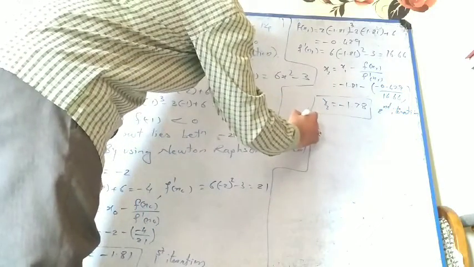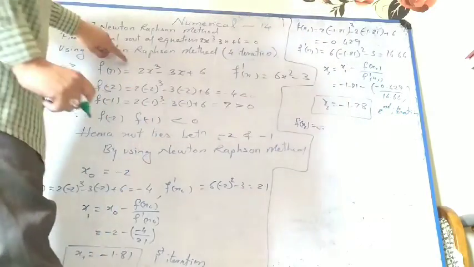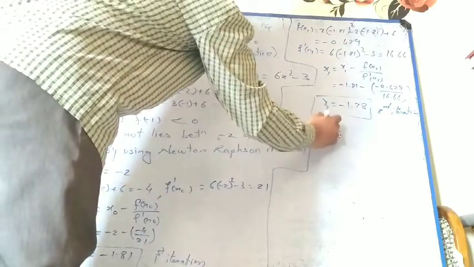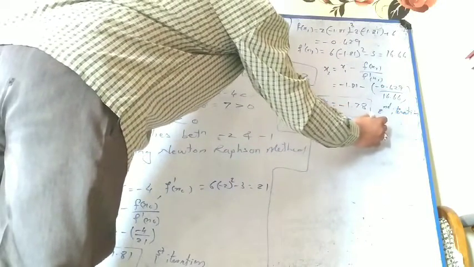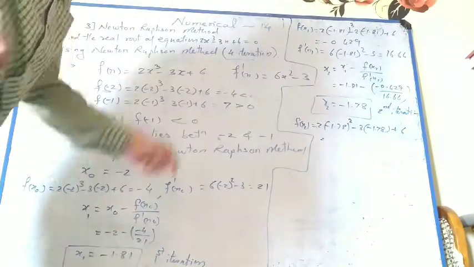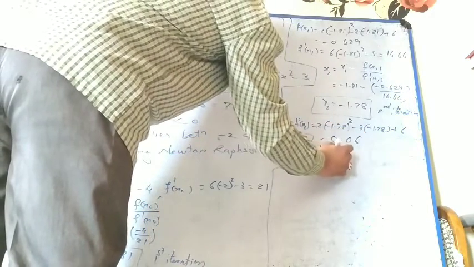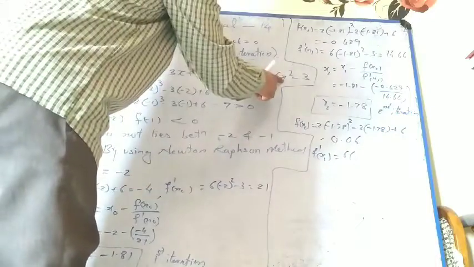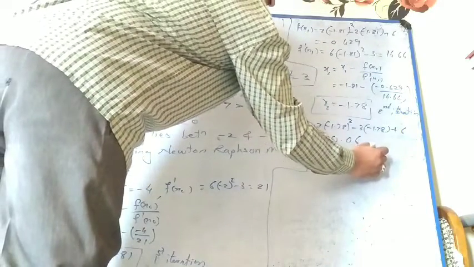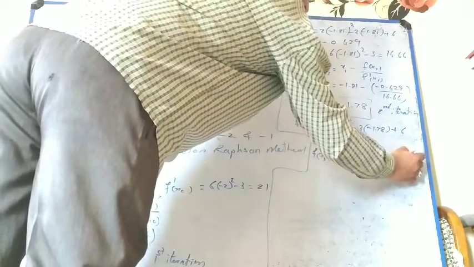Similarly, if you want to find the third iteration, you start with f of x2, and substitute here: 2 times (-1.78) cubed minus 3 times (-1.78) plus 6. This comes out to be 0.06. And f dash x2: 6 times (-1.78) squared minus 3, and this comes out to be 16.01.